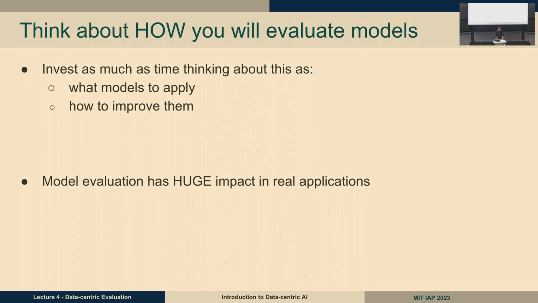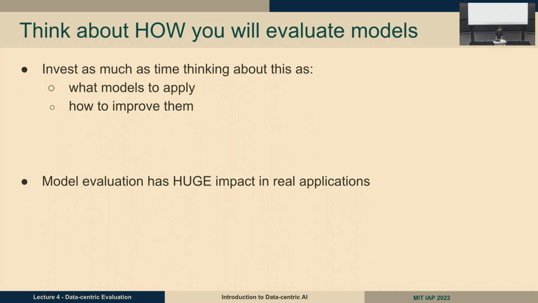And so it's really, really important to think about how you're going to evaluate models, and I want to impress that point. People like to jump into the machine learning aspect and to improving the model right away, typically just using the standard loss. But really how you evaluate these models has a huge impact in real applications, and at the end of the day that determines what model you will end up with, and the improvements you made only contribute like 30% or so.